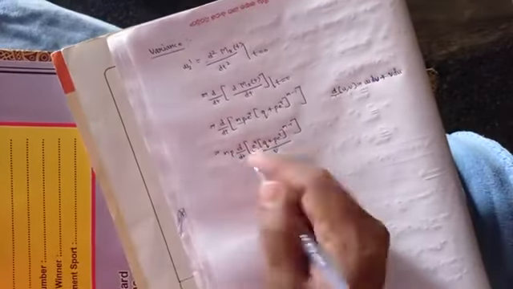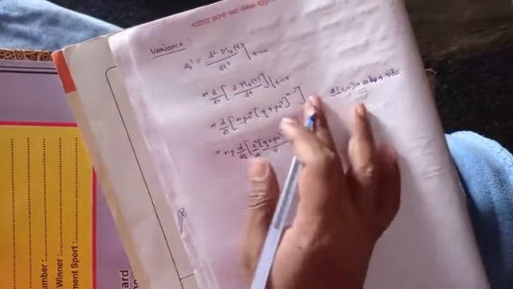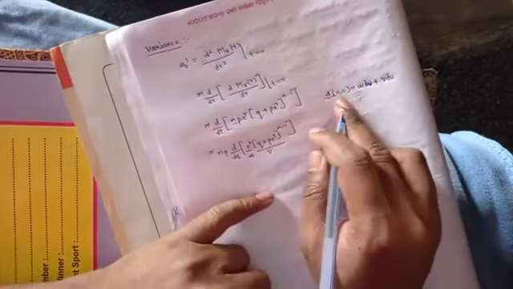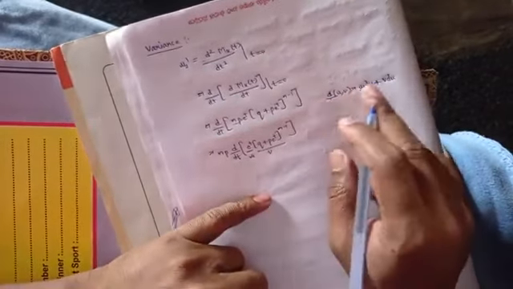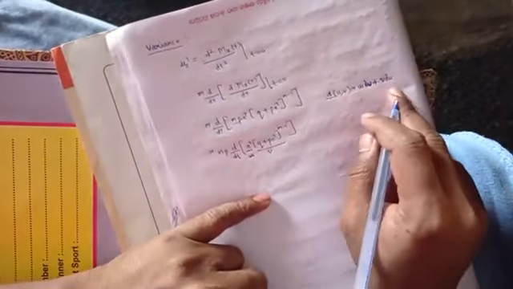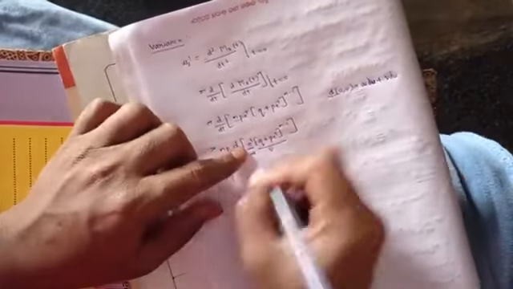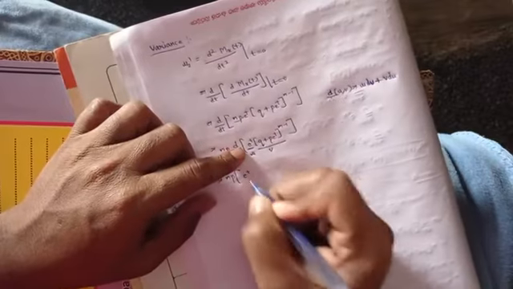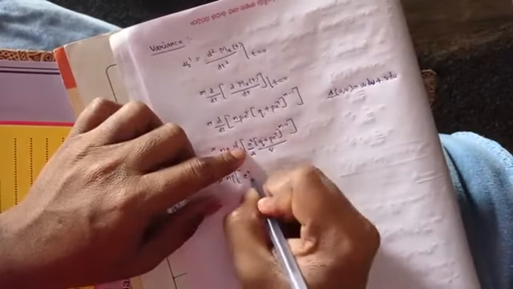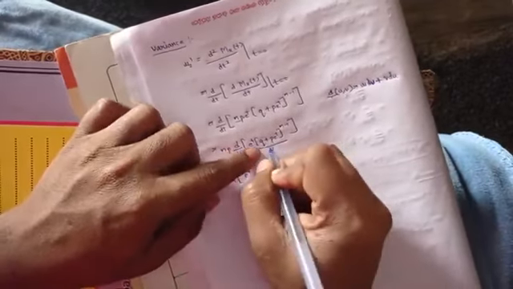Now let us differentiate with respect to t. I have already shown you the formula that differentiation of uv is nothing but u dv plus v du. So let me write np, where u is nothing but e power t, into the differentiation of the v term.